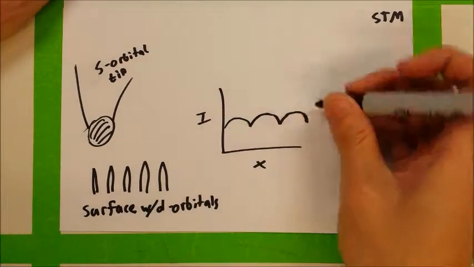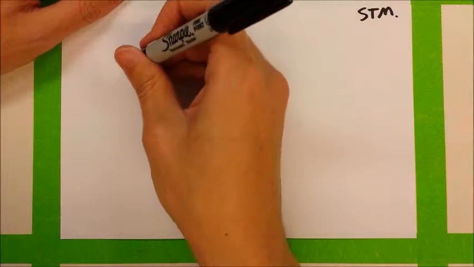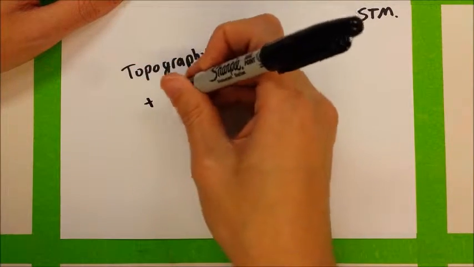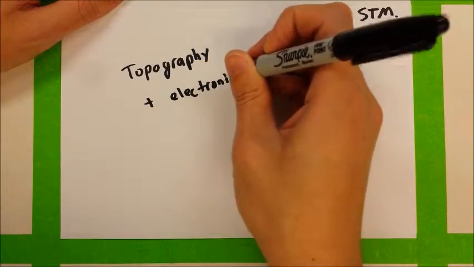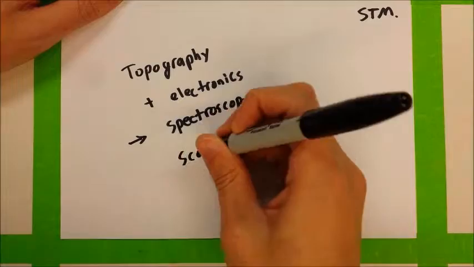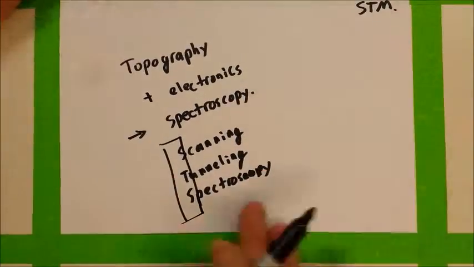So it's not just topography that we see, but also the electronic structure of the atoms is going to change what we image. This convolution of topography and electronic structure means that we have to be careful in interpreting our images. But this also means that we can use STM to do spectroscopy.